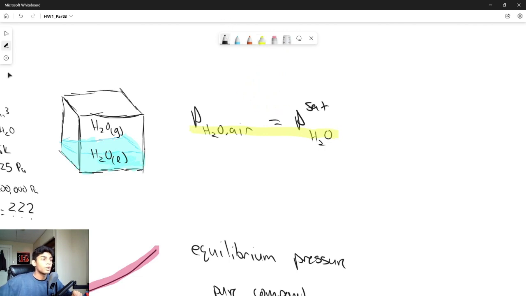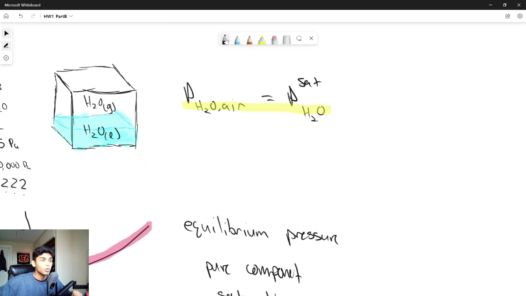Another thing that we want to take a look at is somewhat more simple, and that is the ideal gas law equation, PV equals nRT. We're going to use this for the partial pressure of air. Remember, in this closed container, we didn't say anything about evacuating all the air out of the space. We just said that there is a closed container with water in it.